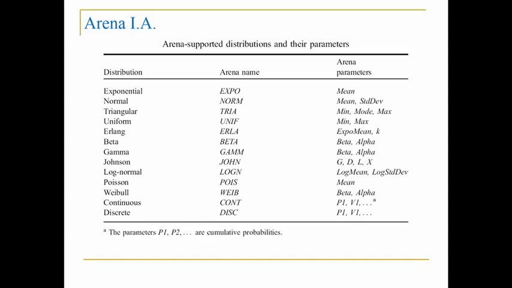And here's the list of the Arena supported distributions and their parameters. So these are the distributions that we can fit to our data. The list includes the exponential, the normal, the triangular, the uniform, the Erlang, the beta, the gamma, the Johnson, the lognormal, the Poisson, the Weibull, the continuous, and the discrete. So far in class we've been using some of them. In the exercises that we have been doing in class, I've been providing you with the information on the distributions that you use to build your models.